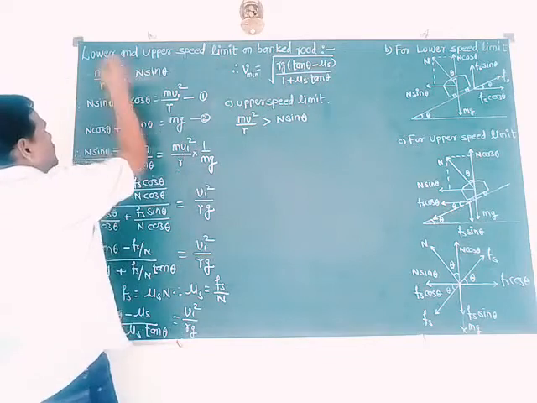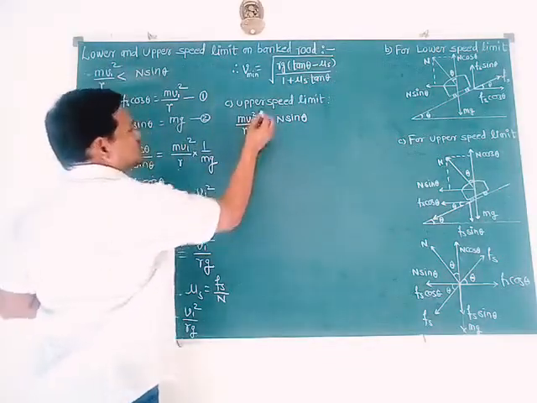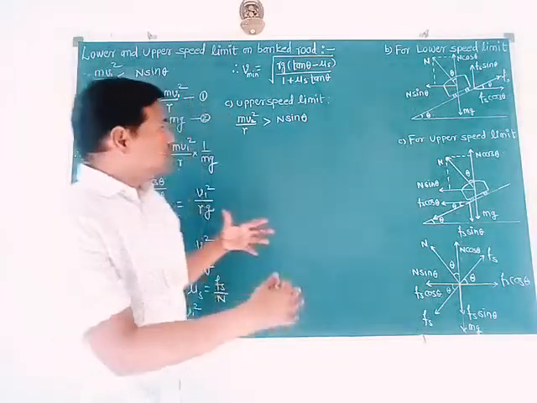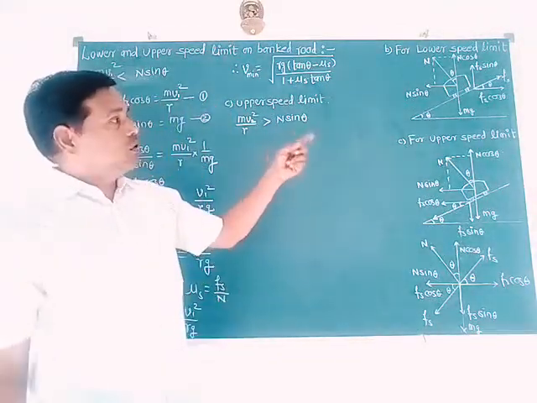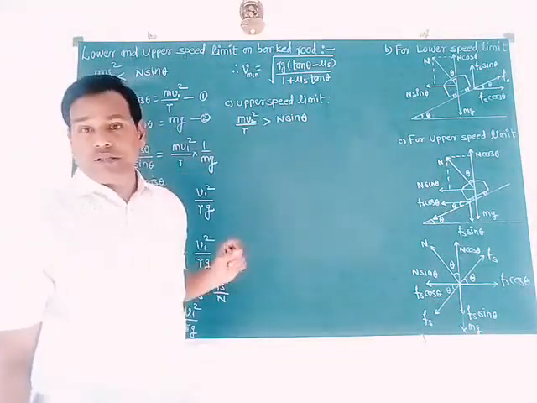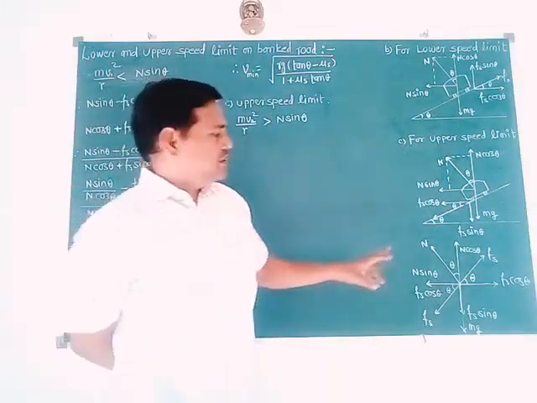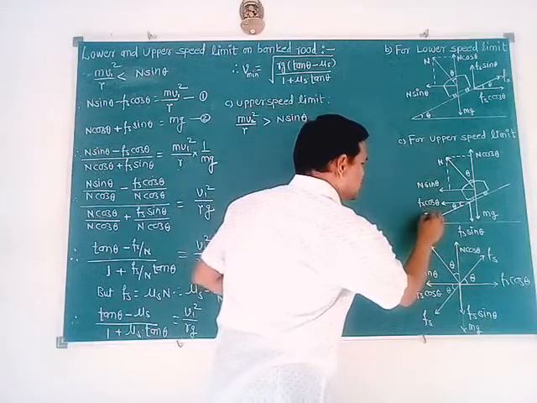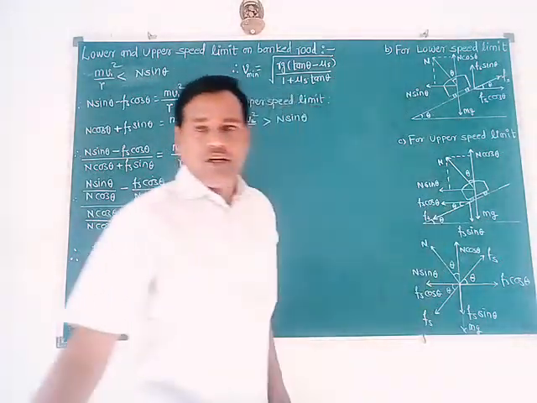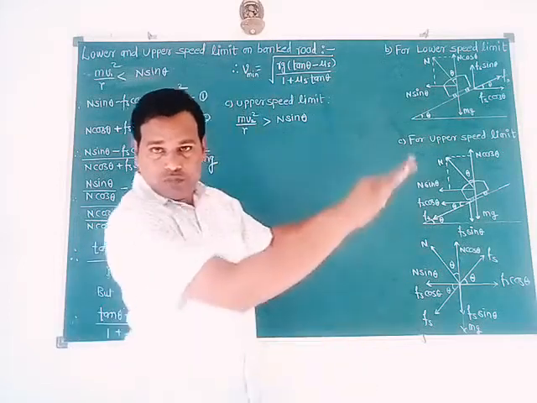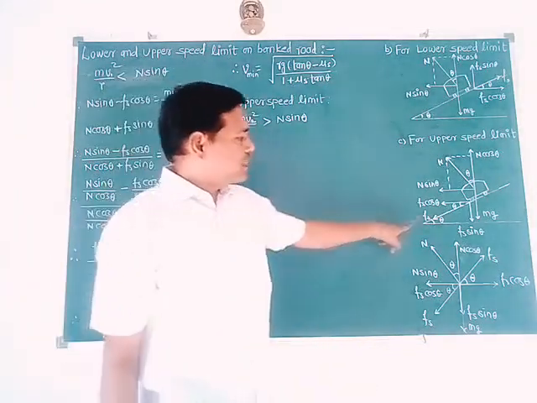Here you can consider 1, here you can consider this as 2. So centripetal force must be greater than the n cos theta, sorry, n sin of theta. In this case, it is observed that the force of friction is acting parallel to the inclined surface but in downward direction like this.